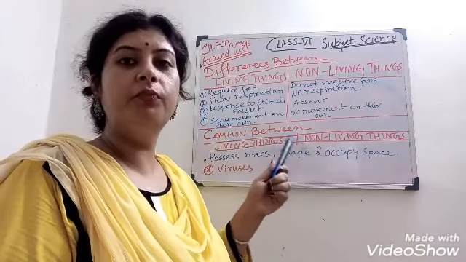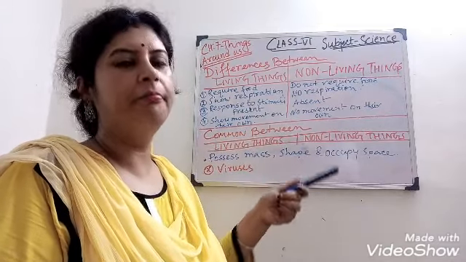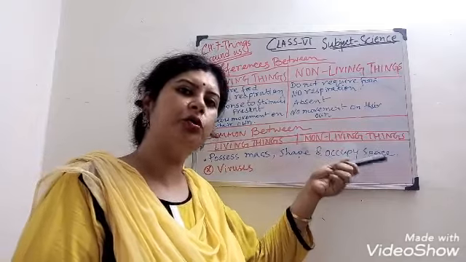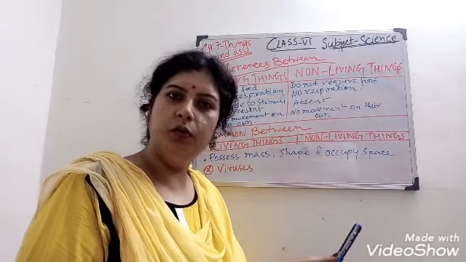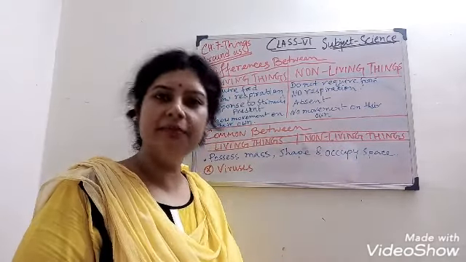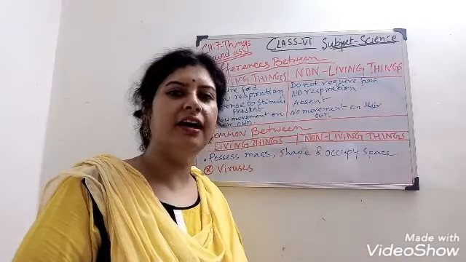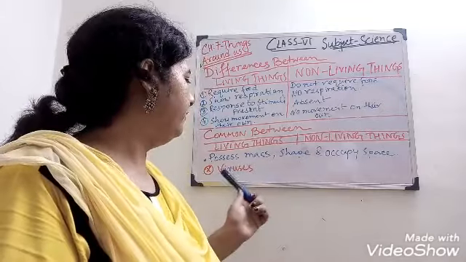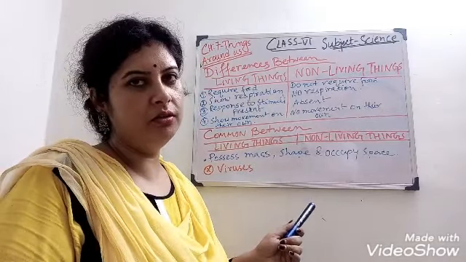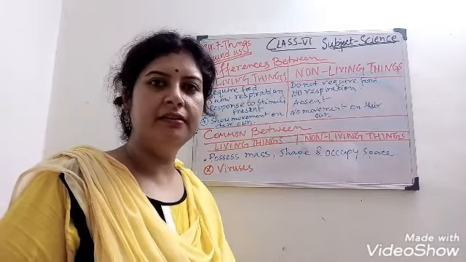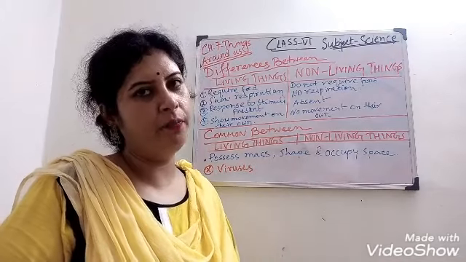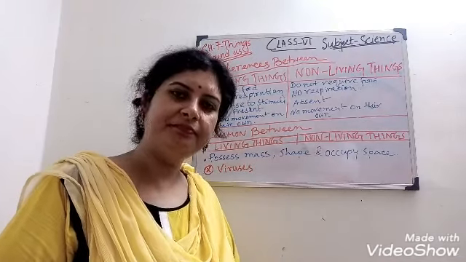Living things show movement on their own, but non-living things do not. But there are some common features between living and non-living things. Both possess some mass, shape, and occupy some space.